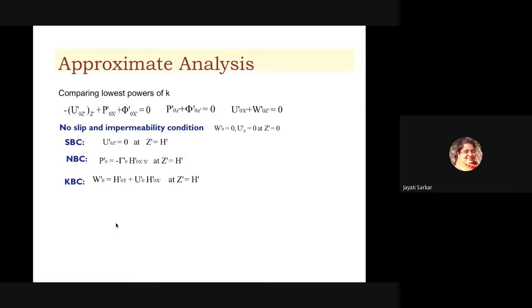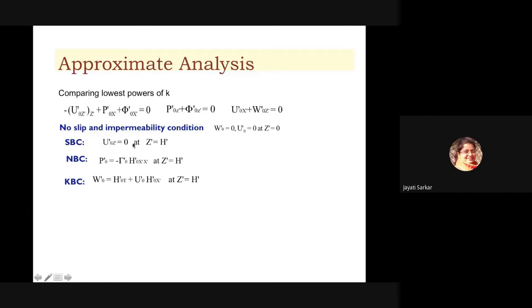We take the lowest power of k and equate it, and then your x and z momentum equations convert, and your kinematic equation. So all the equations get converted if we take the lowest powers of k, considering that k tends to 0.